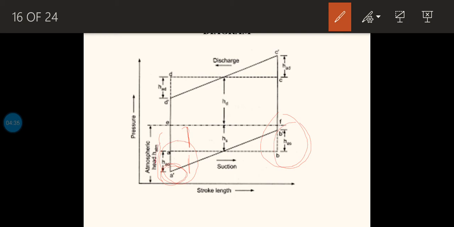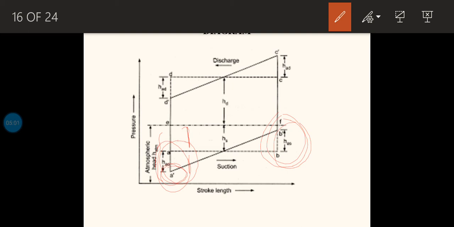Here HAS is positive, here HAS is negative, that's why we are subtracting. So the total pressure head inside the cylinder will be H atmospheric minus HS plus HAS. That will be the total pressure head inside the cylinder at the end of the suction stroke.